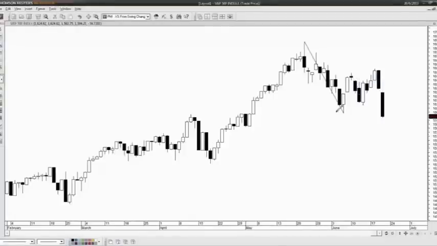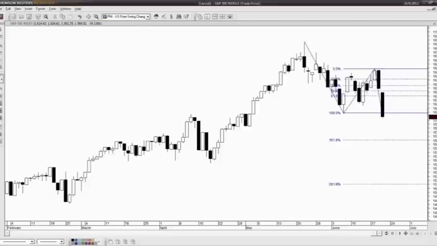The market came down, it went up here, yes, and today it broke the level here. So today it takes us short, and our first target is 1565 and the second target is 1510 with a stop loss at 1655. So these are the targets for the S&P on the daily time frame.